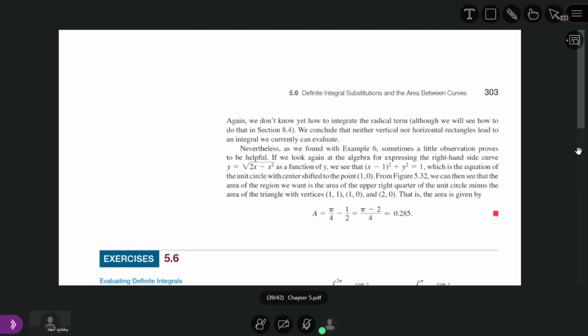We have to evaluate the definite integral from 0 to 1 of t square root of 4 plus 5t dt. We have to convert the given function into a new variable. So what substitution will we use? Here I solve this question.